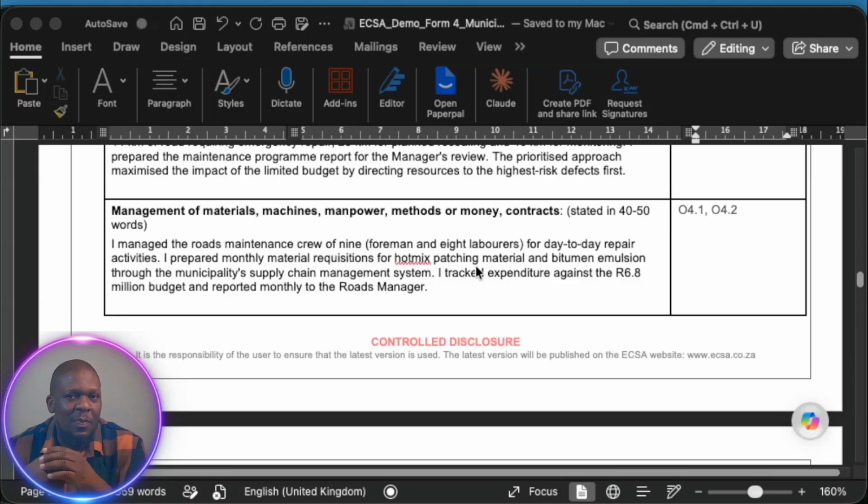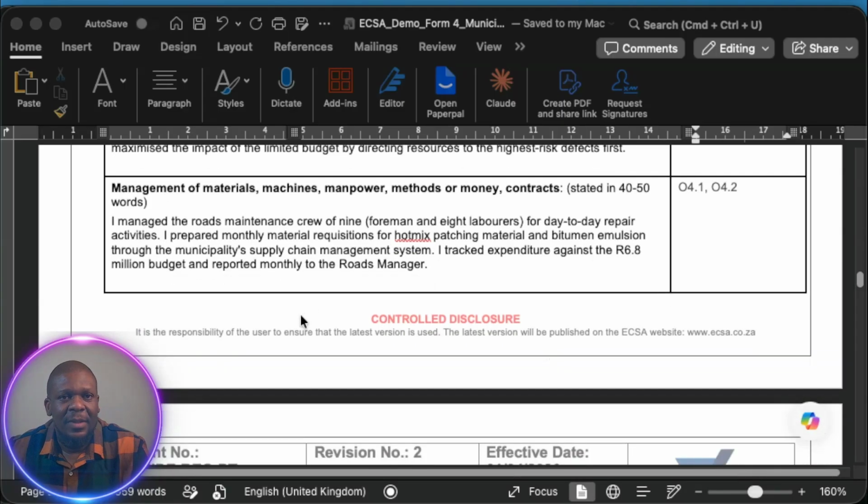I track expenditure against the allocated budget and report monthly to the road manager or supervisor. So you are basically outlining how you manage the team, how you manage the manpower, and how you manage the budget, and ensure that you report to your supervisor. So I hope that is clear.